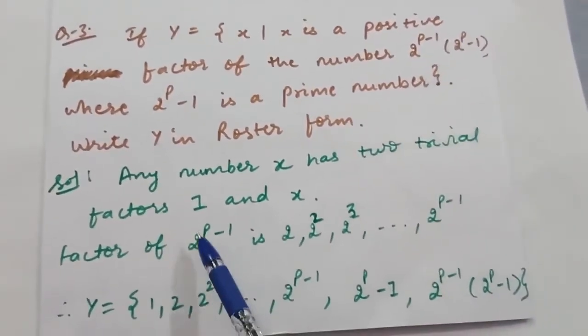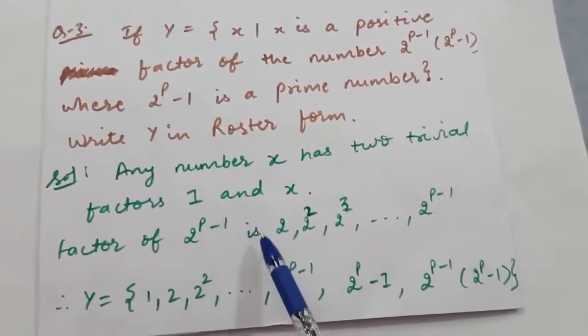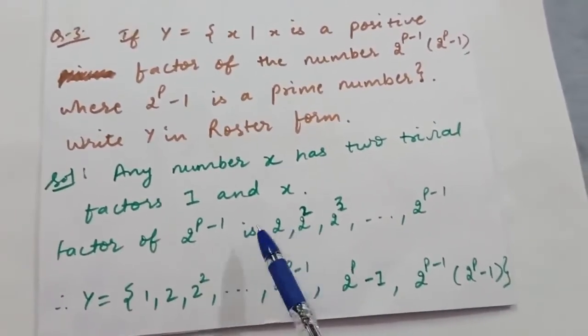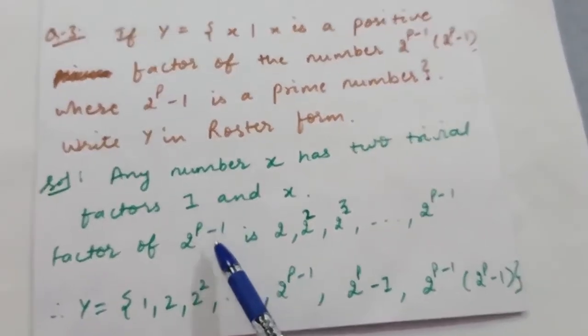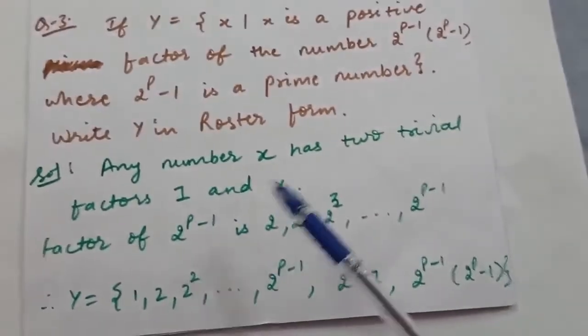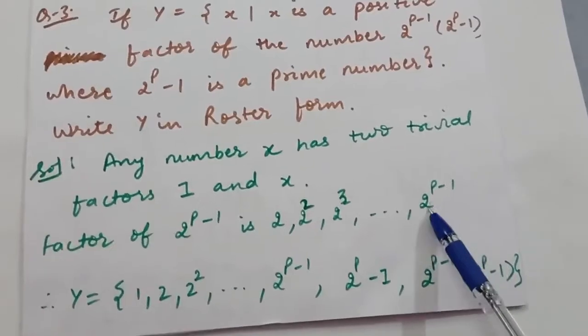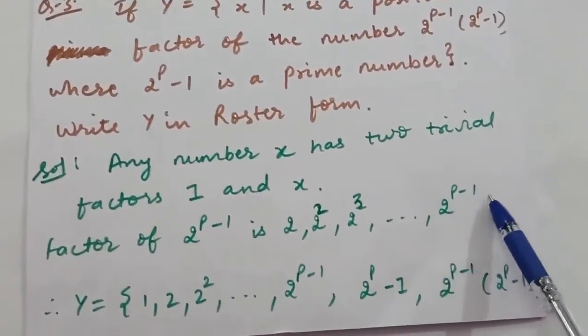Now the factors of 2 raised to the power p minus 1 are 2, and 1 is also a factor but we have already taken 1. So the factors will be 2, 2 square and so on up to 2 raised to the power p minus 1.